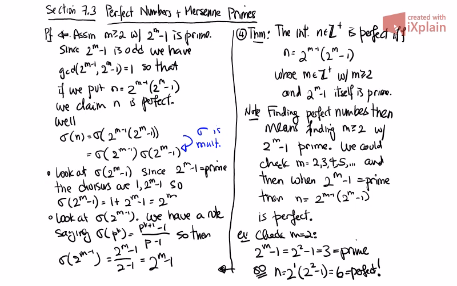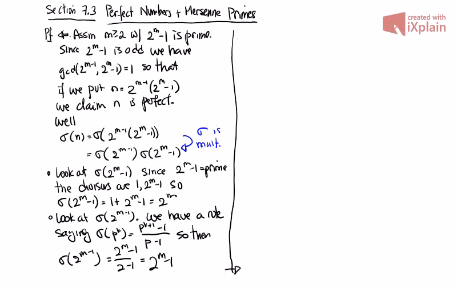We know both of those sigmas, so let's look at what happens when we multiply them together. Sigma of n is sigma of 2^(m−1) times sigma of 2^m − 1. That's just recopying from that fact right there. We just calculate these two. The first of these is 2^m − 1.